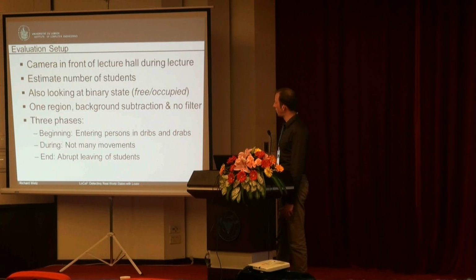So we divided it into three phases. First of all, where the people are entering the lecture hall. The second one is where they are sitting during the lecture with not so many movements, because they are hiding behind the laptop or they are sitting really still. And in the end, where they are leaving the lecture hall because the lecture is over.